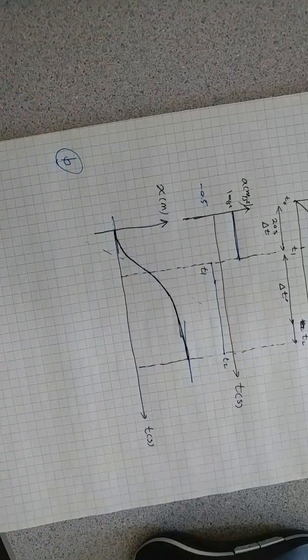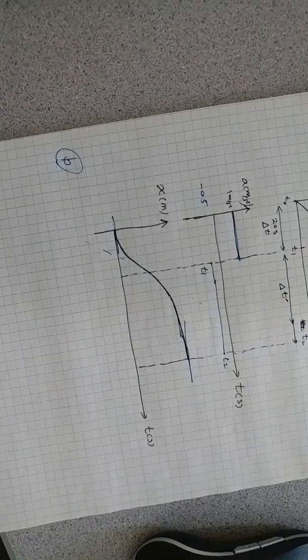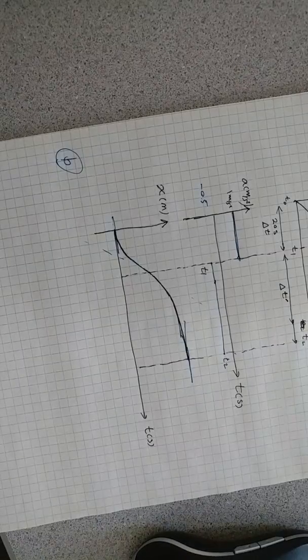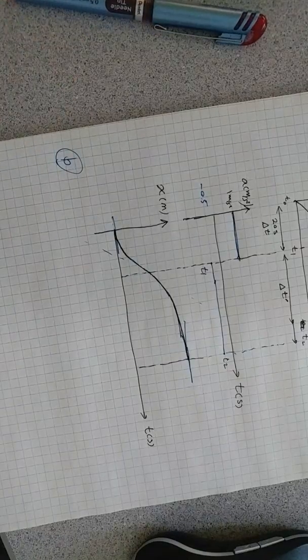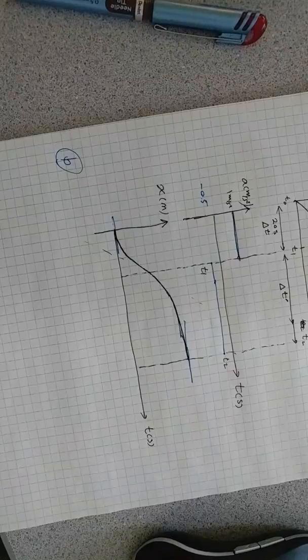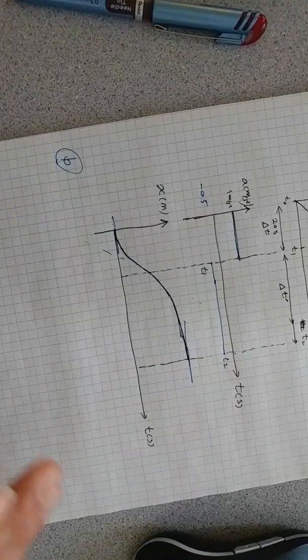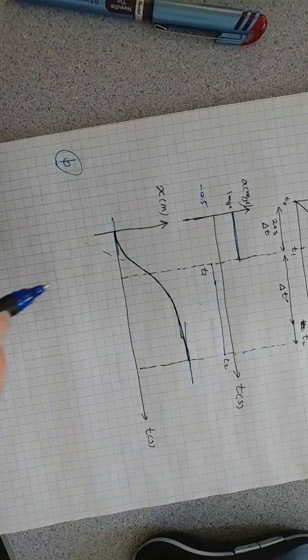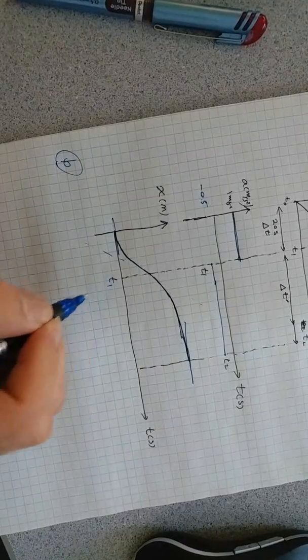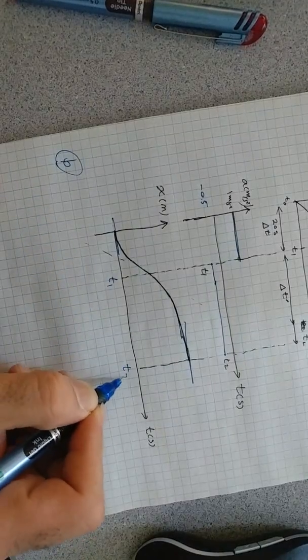Part B. So there are different ways of doing part B, and in the answer key that I posted online, there's a solution which, for some reason, is not my favorite way of solving it. I would like to do my own. So this is T1 and this is T2.